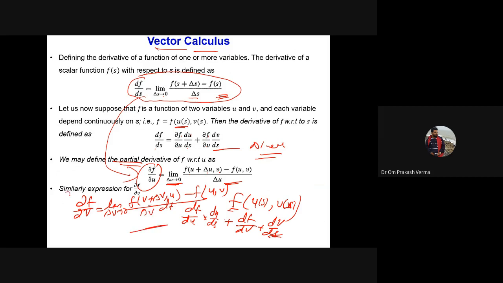In this fashion we can define both values. This concept will be used in the divergence theorem, which will be taught tomorrow in the upcoming lecture.